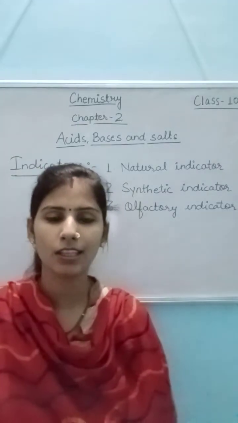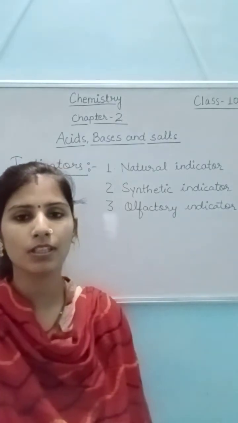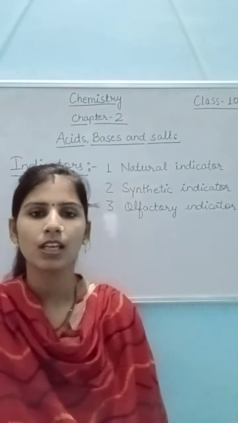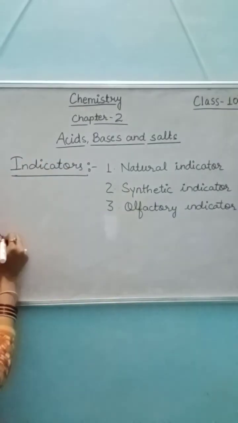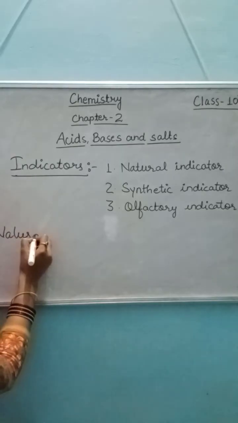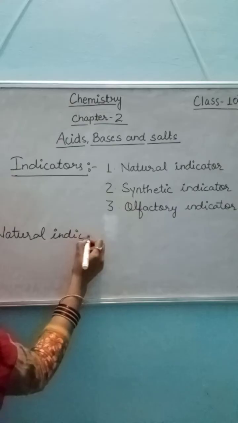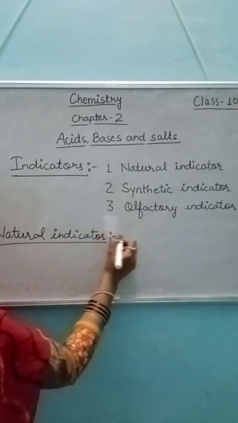Natural indicators are the indicators which are present in our nature. For example, litmus.